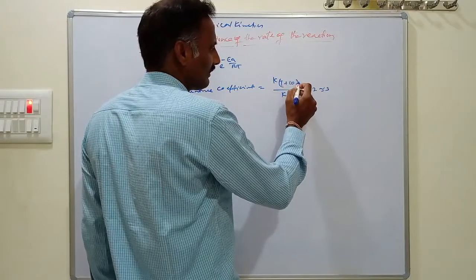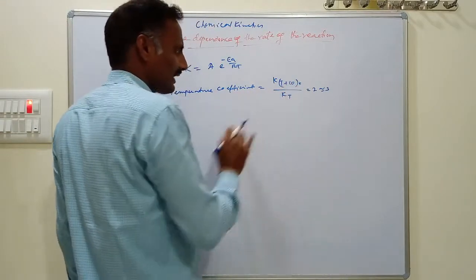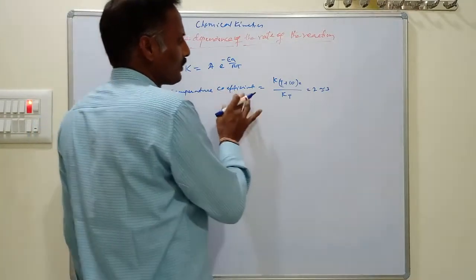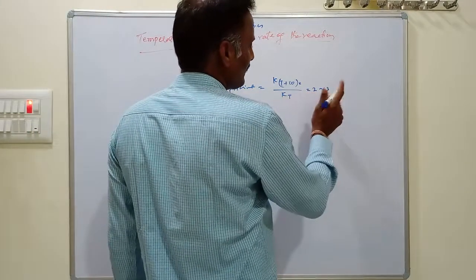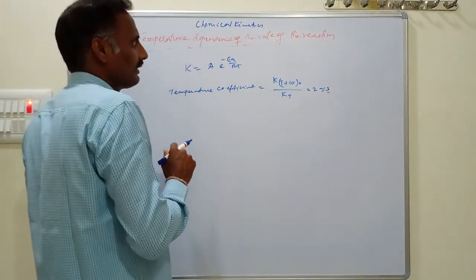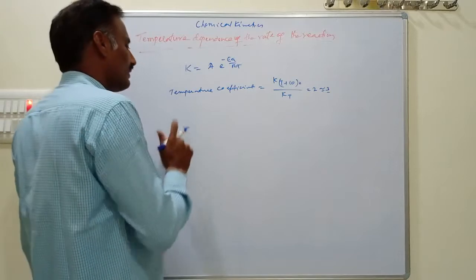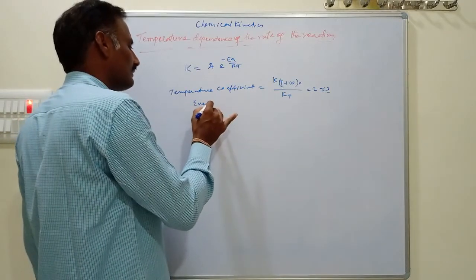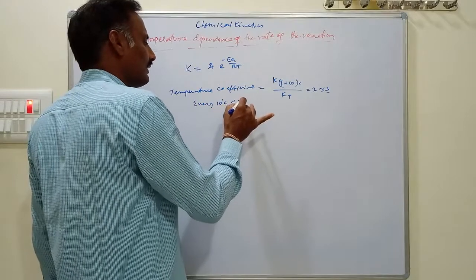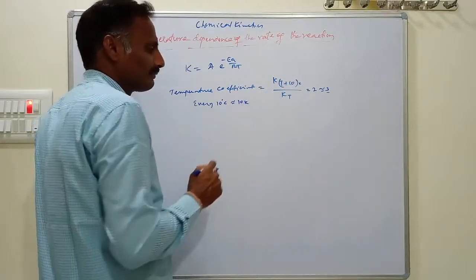This is called the temperature coefficient of a reaction. For most chemical reactions the temperature coefficient is 2, and in a few cases it is 3. That is, for every 10 degrees Celsius rise in temperature, or 10 Kelvin, the rate of reaction becomes double.